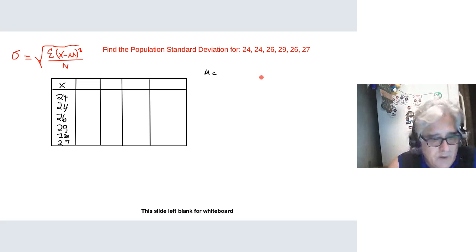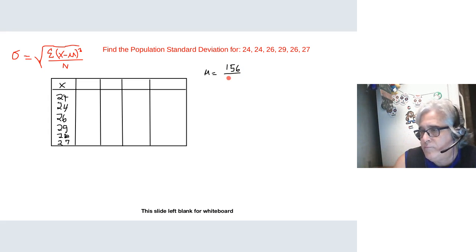So when you add all those up, and then this 1, 2, 3, 4, 5, 6.